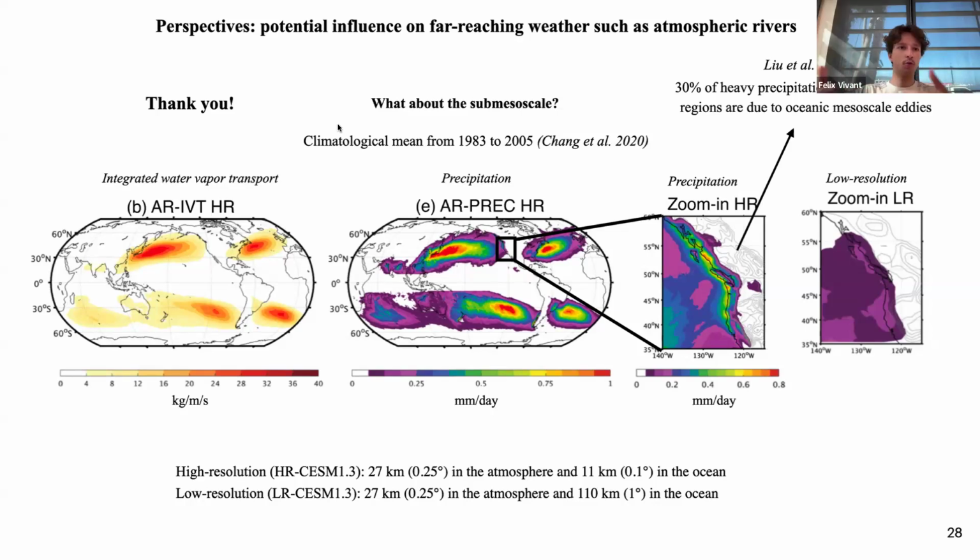You mean to compare two different runs? I'm sorry? You mean comparing two different runs with two different resolutions? Well, I can imagine different ways of doing it, but I just wonder, on the one hand, you could say it's really the larger scale mesoscale convergence that controls the vertical transport. And so if you resolve the smaller scales, then that same mesoscale convergence gets squeezed into smaller scales and you see more of it at that scale.